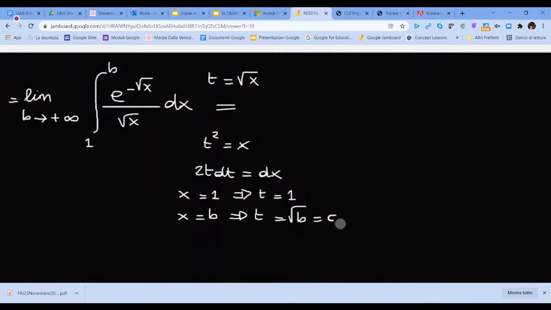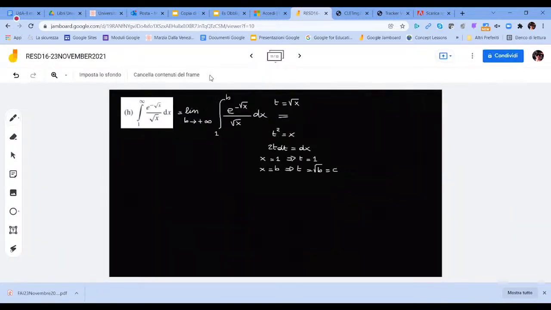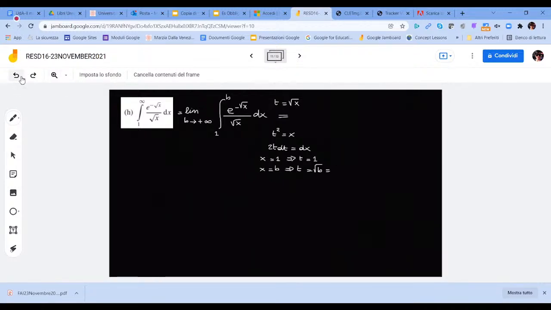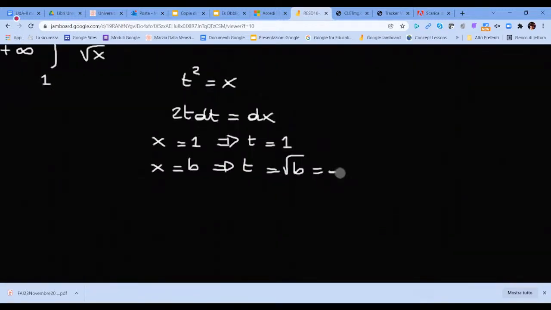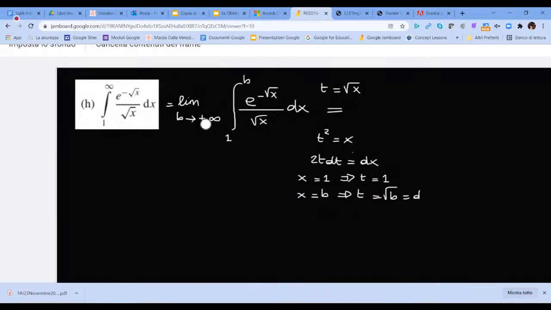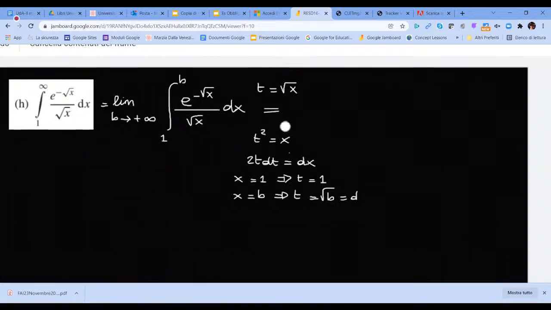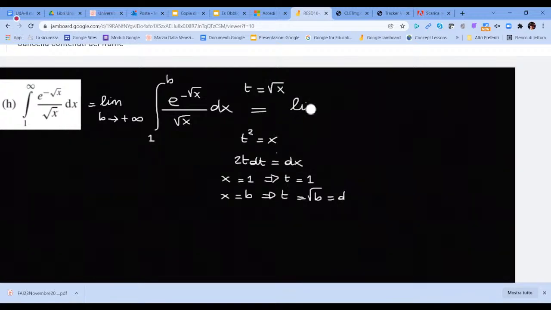Let's denominate it d, because if we rewrite the limits, the square root of b is approaching plus infinity when b is approaching plus infinity. So we only put a different name but the meaning is the same.